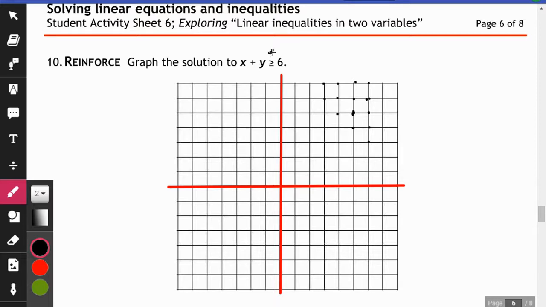We're going to graph that line first. So we're going to say x plus y equals 6. Well, if x is 6, 1, 2, 3, 4, 5, 6, then y has to be 0. And if y is 6, 1, 2, 3, 4, 5, 6, then x has to be 0. And then we connect those dots like so.